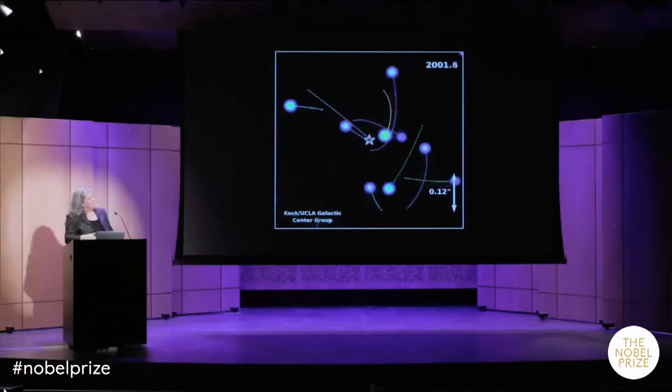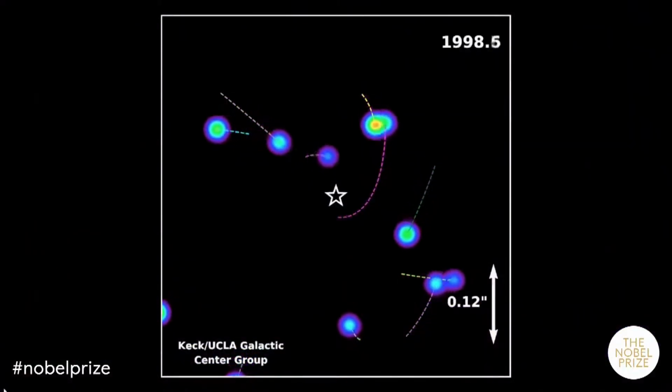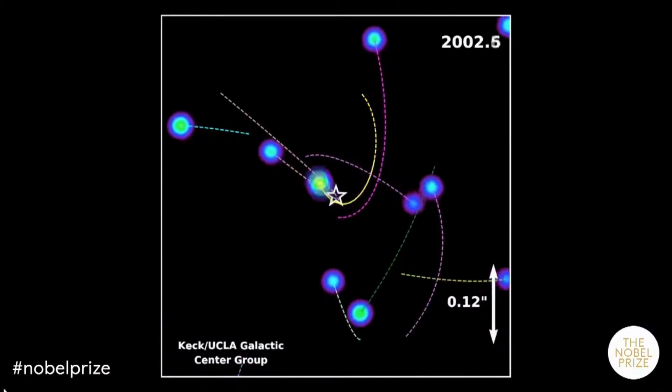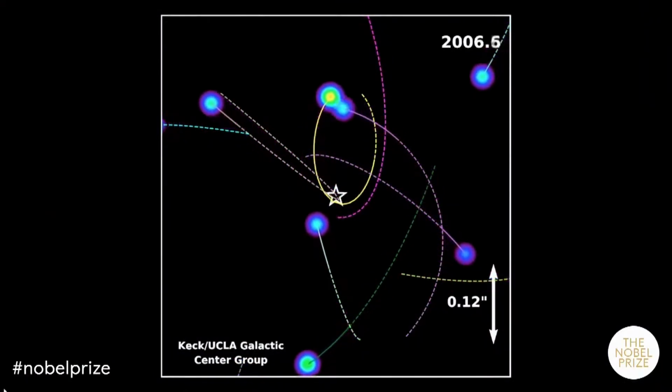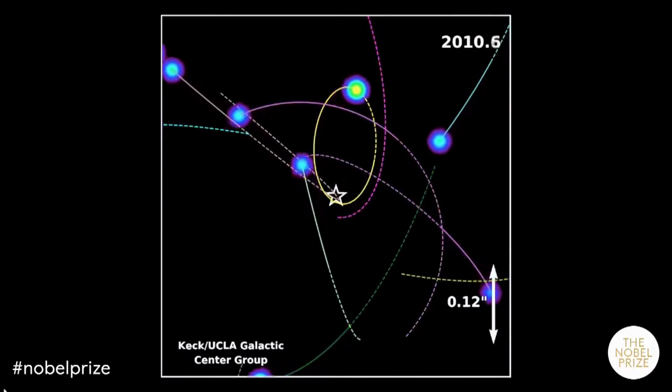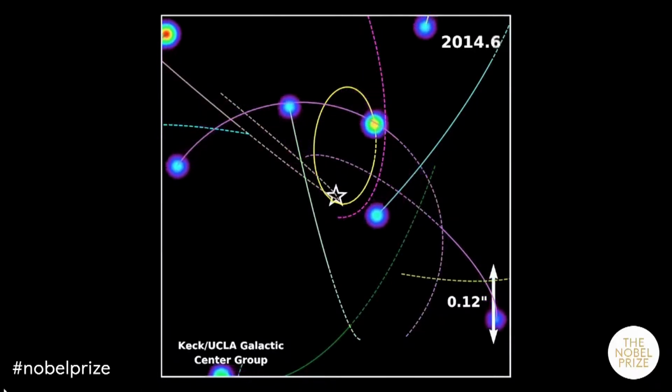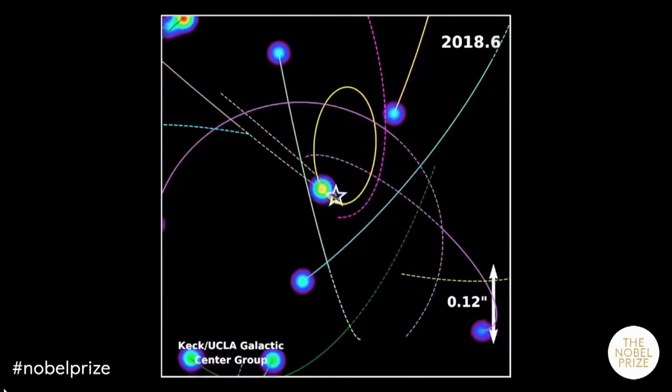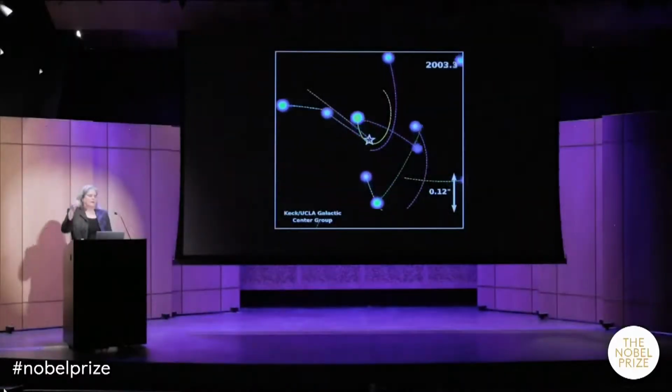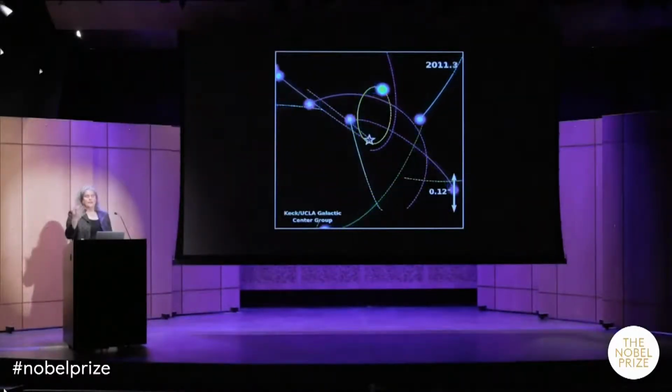Now this is an animation that shows how the brightest stars that we're measuring, not all of them, are moving over the last 25 years. So this is definitely an experiment that requires a tremendous amount of patience. In this animation, when a star is detected in an image, it's trailed by a dashed line.